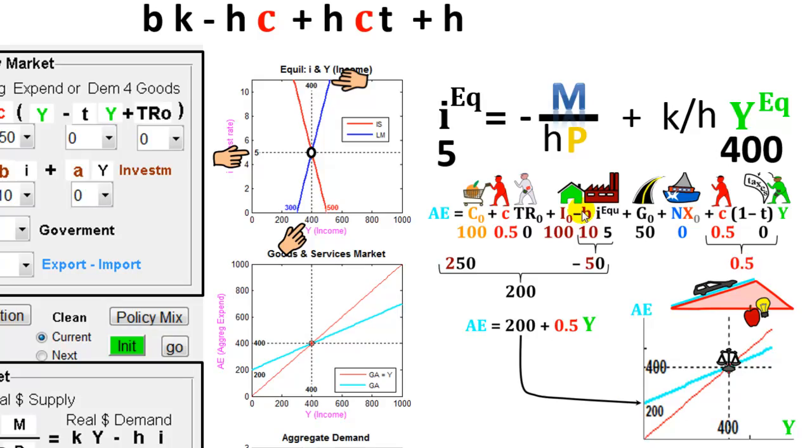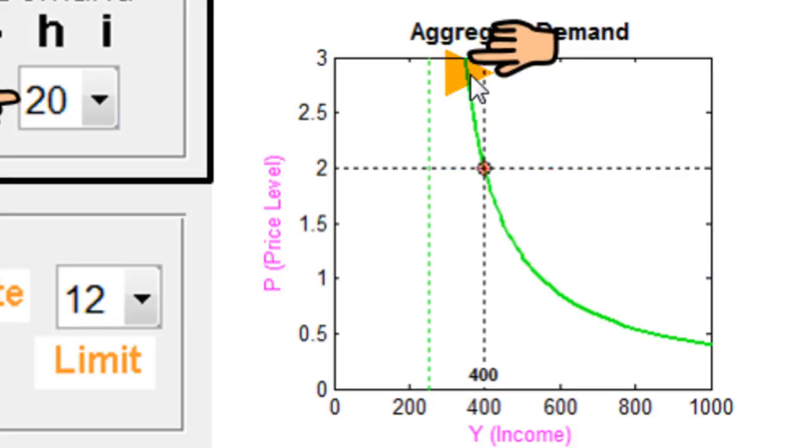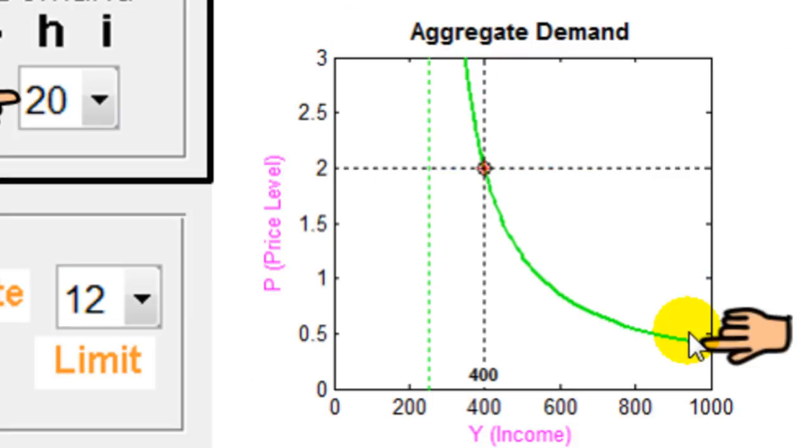We have done that in previous videos, and I find this 200, which is this 200 here. So what we are going to do in this video is to see this curve, which is the aggregate demand curve. So let's be focused on the aggregate demand curve now.